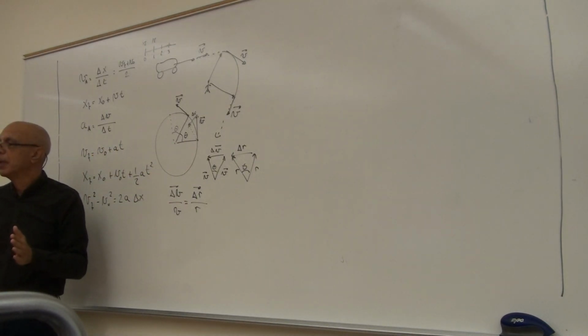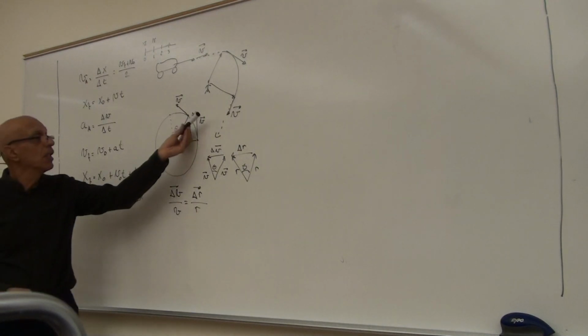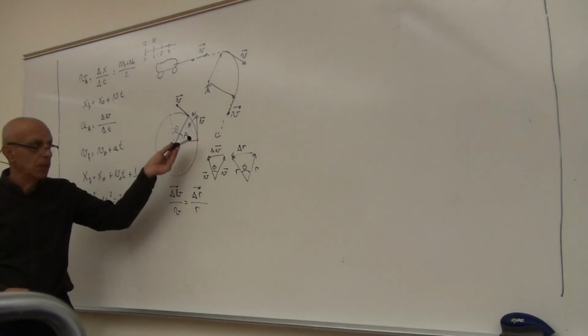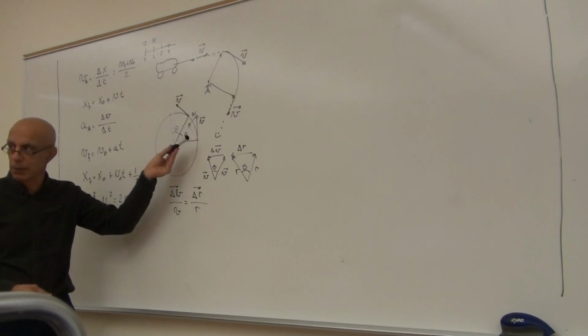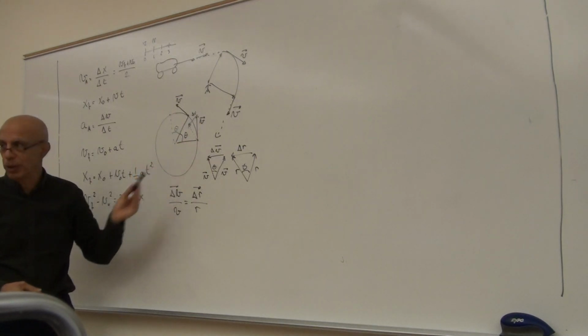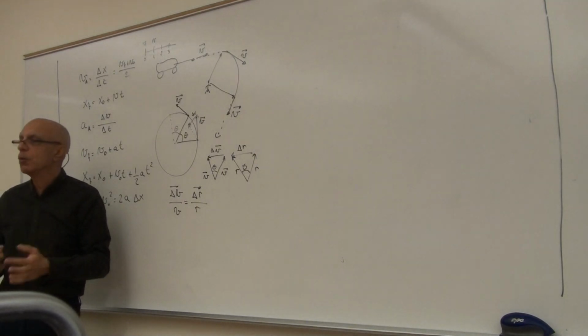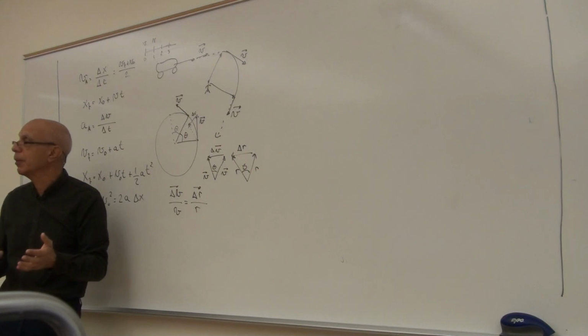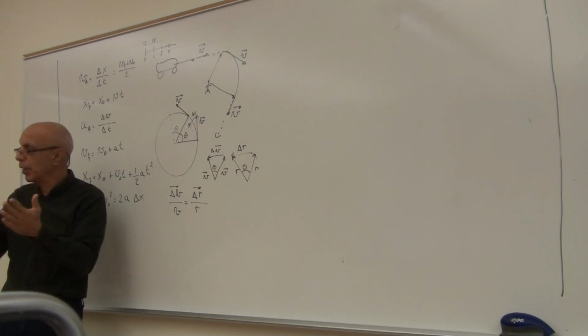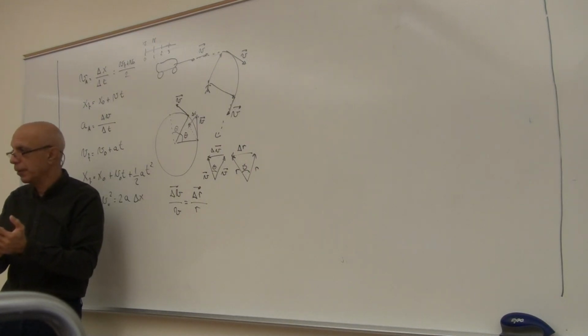Do you agree with me? And this force that is making this thing go around is pointing to the center. So this acceleration has a special name, centripetal acceleration, centripetal because it's pointing to the center.